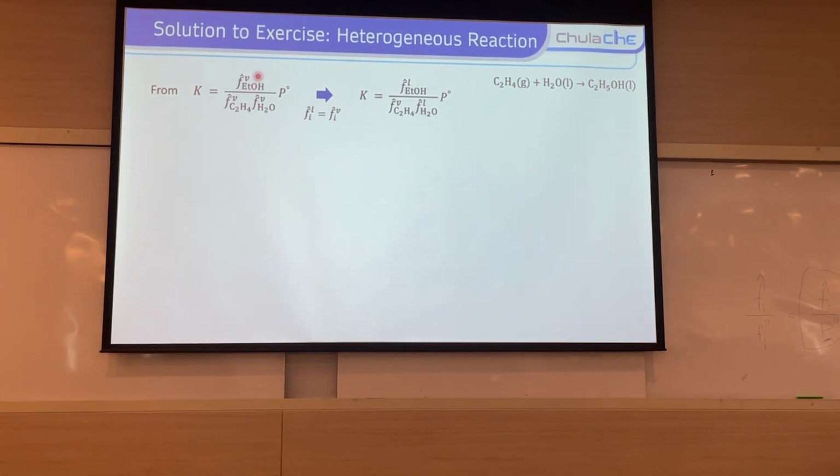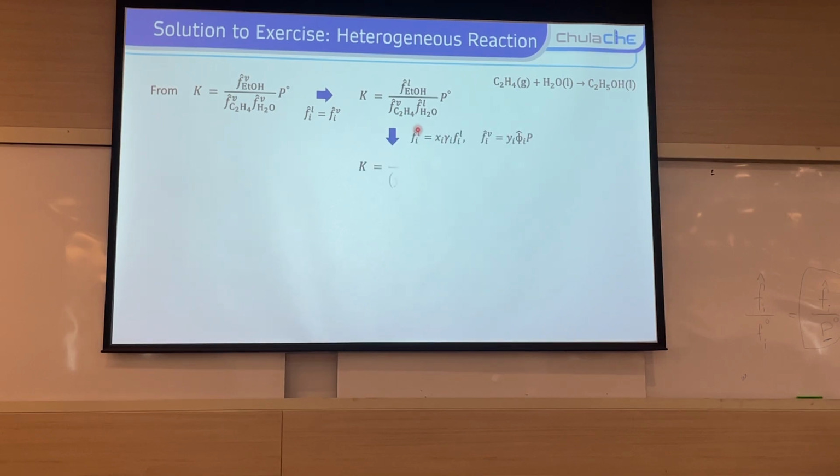So we change the fugacity of the ethanol from vapor. The superscript V here means the vapor phase, and the superscript L here is the liquid phase. So I change the fugacity of the ethanol in the vapor phase into the liquid phase, as well as the fugacity of the water from the vapor to the liquid phase.